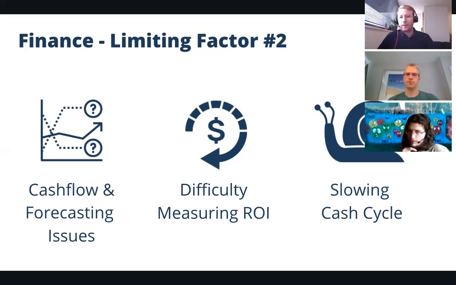The second one is the difficulty around measuring ROI, and specifically measuring what it is. Is it good? What do we want to be spending money on here? One of the issues is that a lot of the things we spend time and effort on in a business pay off over different time periods. Sales and similar things have a very tight payback period.